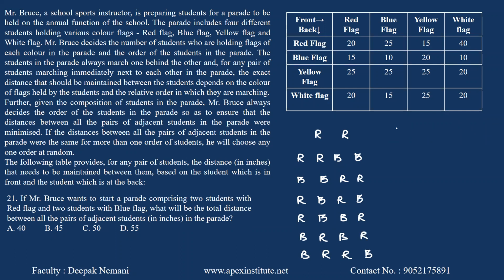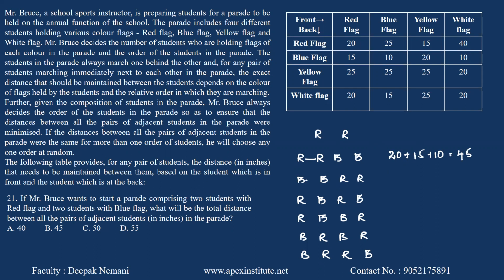Now, if the students are in this order, red and red, so you'll be having 20 plus the distance between them. Now, red and blue, 15 plus blue and blue, 10. So this is nothing but 45. So the total distance between the first student and the last student in that parade is 45 inches.